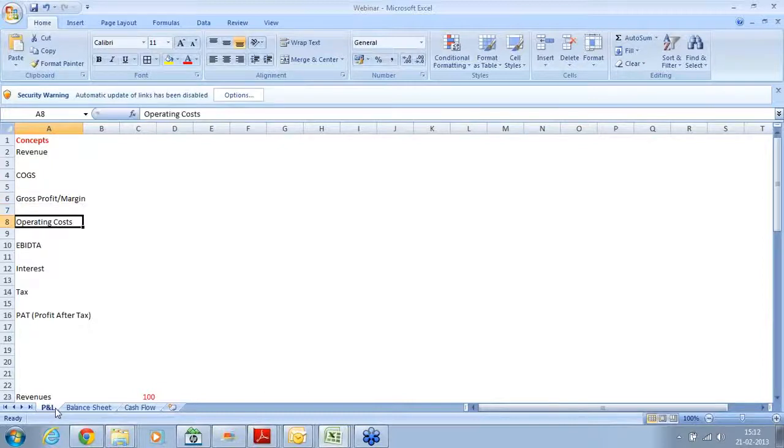So once you have crossed the threshold of the gross profit, the gross margins, then you look at all other costs. Every business will have other costs. You will have employee costs other than what was required for directly producing your product.